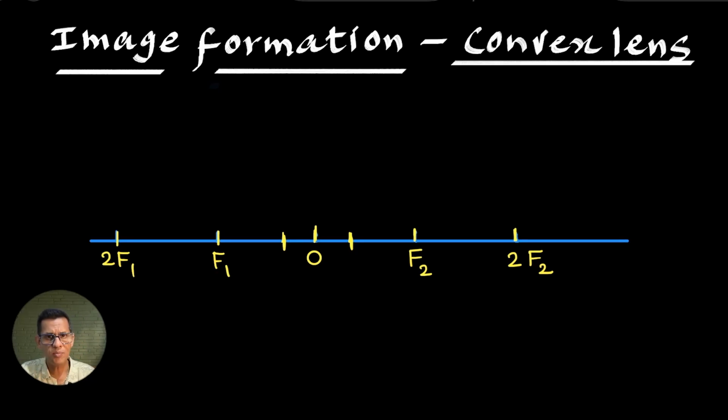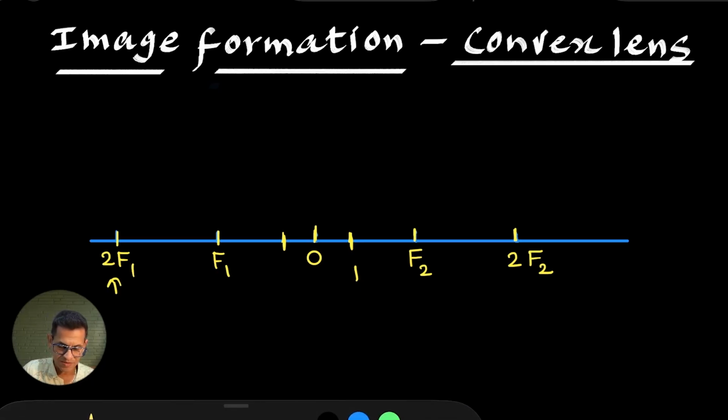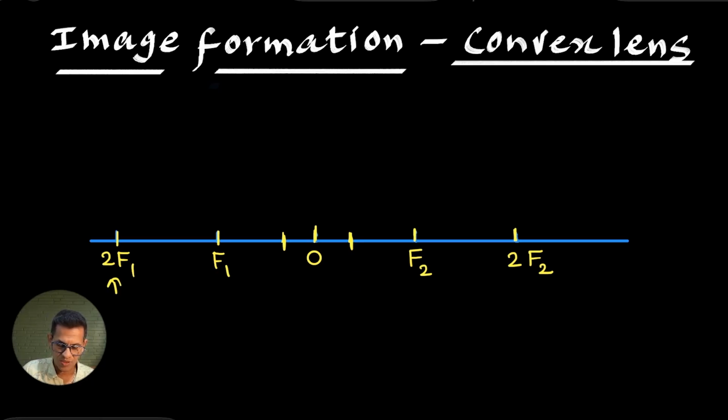So if you are using a compass to draw the lens, hold your pointer at 2f1 and then extend it up to this particular point on the right hand side of optical center, and then you are going to mark an arc on that point with your compass, like so, more or less.